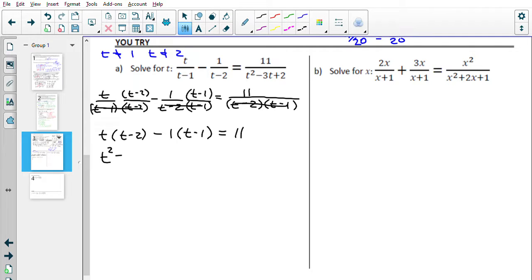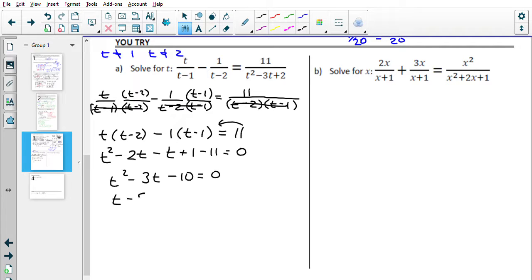Distribute: t squared minus 2t. Distribute the minus: minus t plus 1. Bring the 11 to the other side, minus 11 equals 0. t squared minus 3t minus 10 is 0.